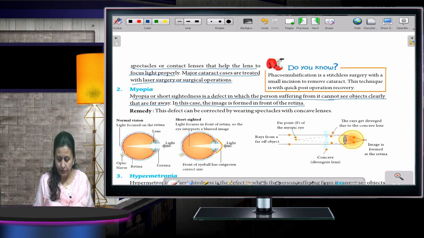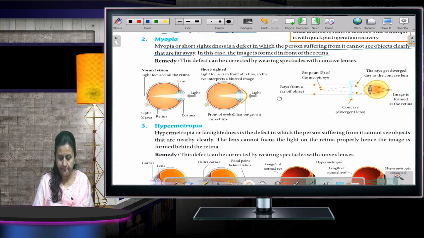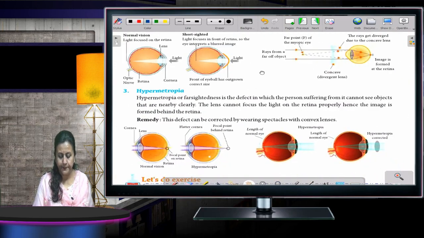Now moving to the next one, hypermetropia. Hypermetropia, or far-sightedness, is the defect in which the person suffering from it cannot see objects that are nearby.